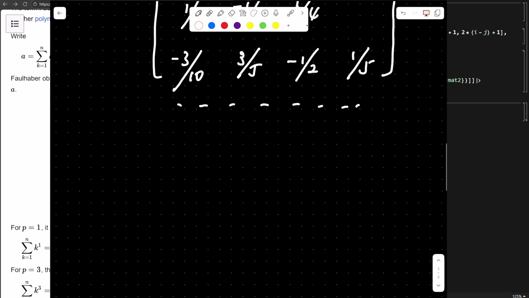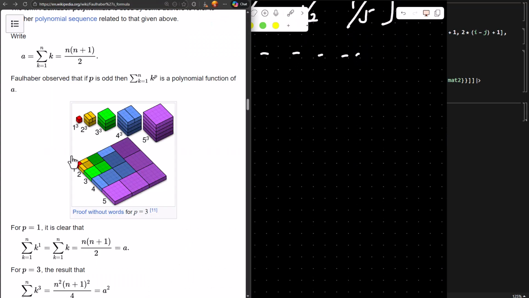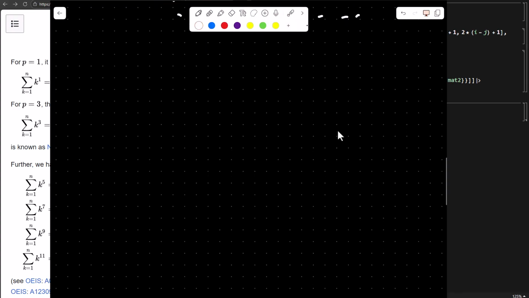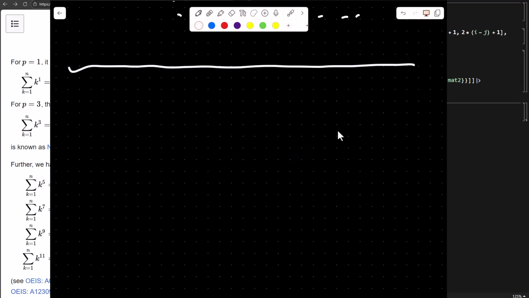Let's recall that here we only have these odd terms. So what about even powers? For even powers, we have a similar formula, but a slightly different way to generate the G matrix. So for even terms, let's do the same thing: sigma n squared, sigma n fourth, sigma n sixth, dot, dot, dot.